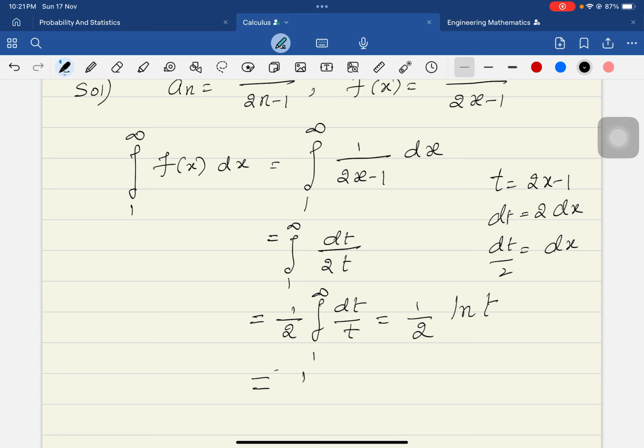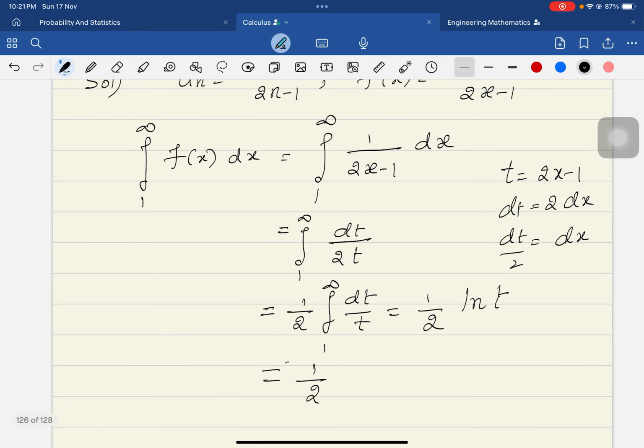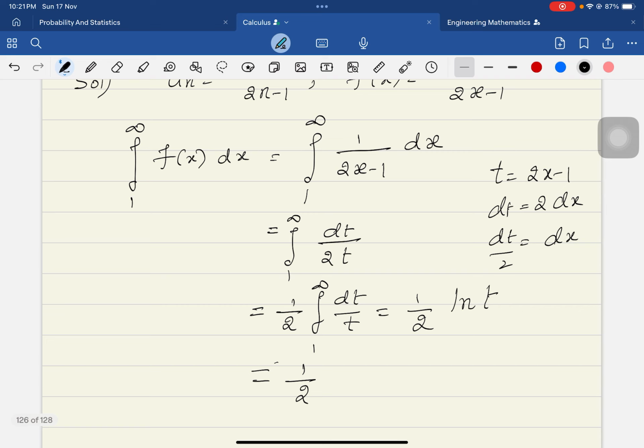Now many students make the mistake here of replacing t in your limits 1 to infinity. It should not be done. Please concentrate and focus, and use your substitution back after integrating. Now it is ln of 2x minus 1, and the limits are from 1 to infinity.